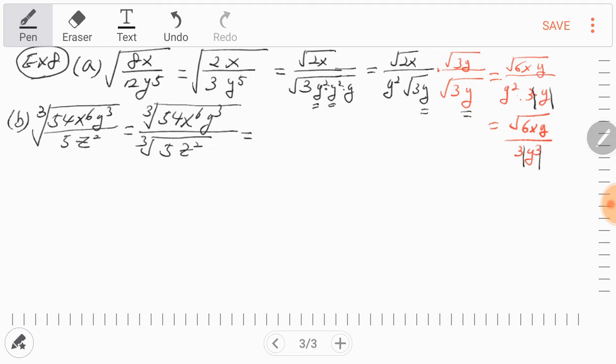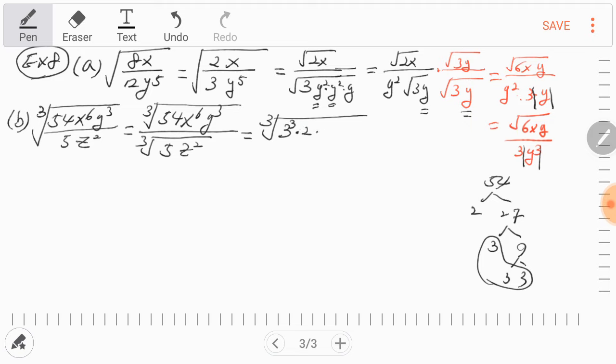Okay, then the 54, let's check 54. Let's find the product. We gotta make a cube. So 54 is 2 times 27. Okay, 27 is 3 cubed. So 3 times 9, 3 times 3. So we can write it as 3 cubed times 2. So cube root of 3 cubed times 2.